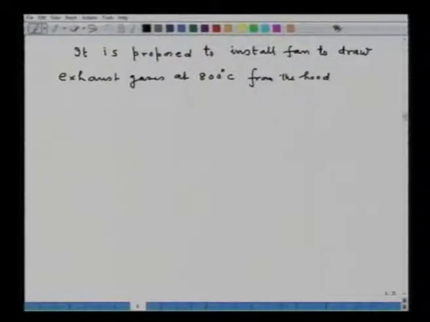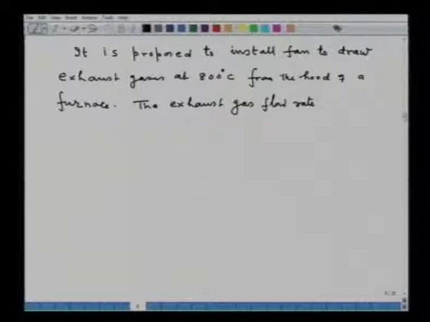The exhaust gas flow rate is 40 meter cube per minute, given at 298 Kelvin and 1 atmospheric pressure.